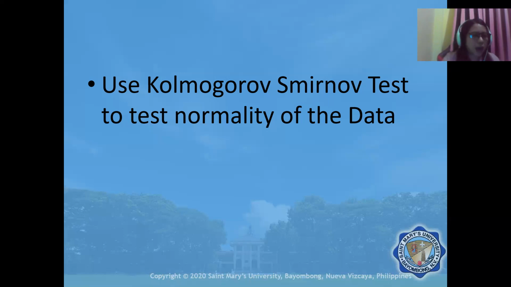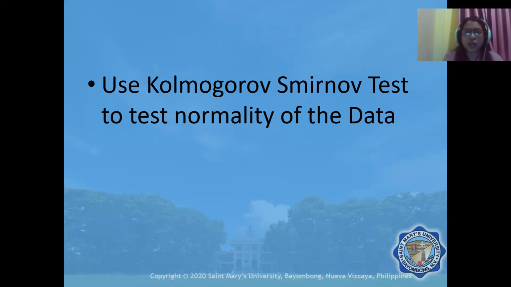Okay, so let's go back to our main concern, the use of the Kolmogorov-Smirnov test. We will use it on our two data sets here, the data on life satisfaction and the data on psychological well-being.